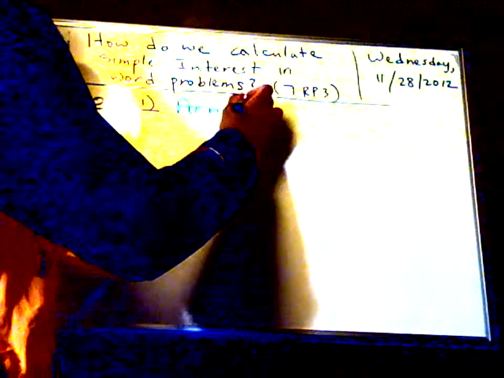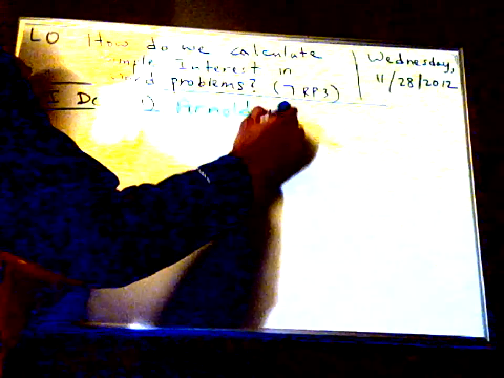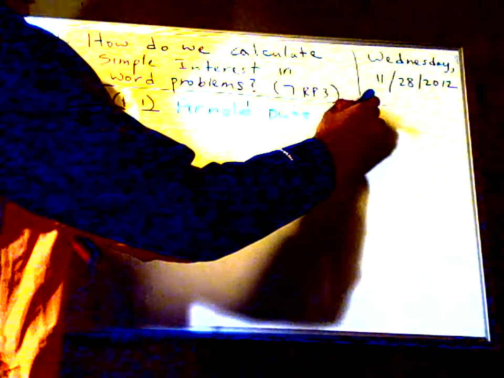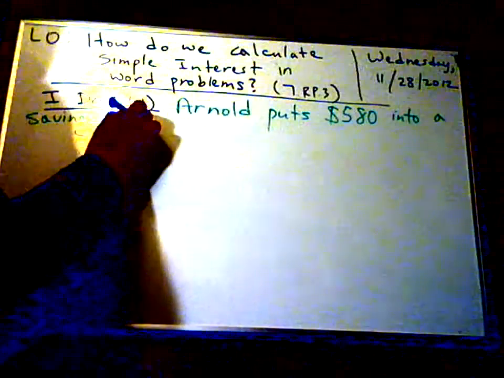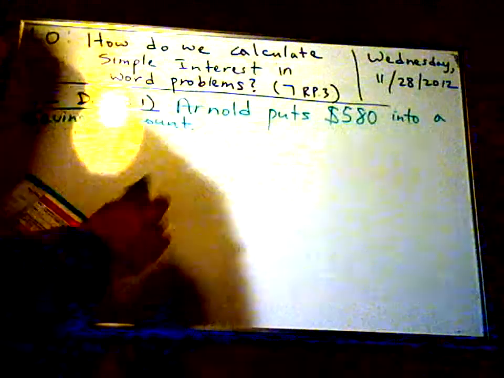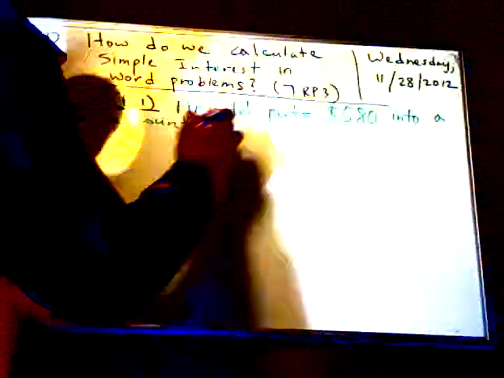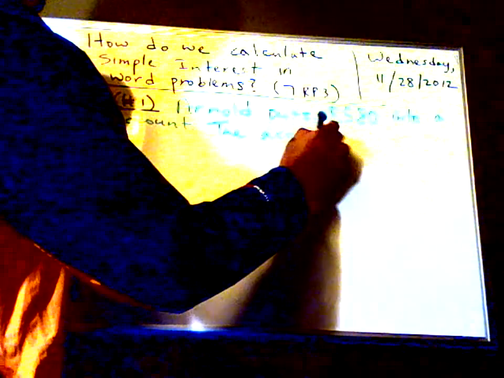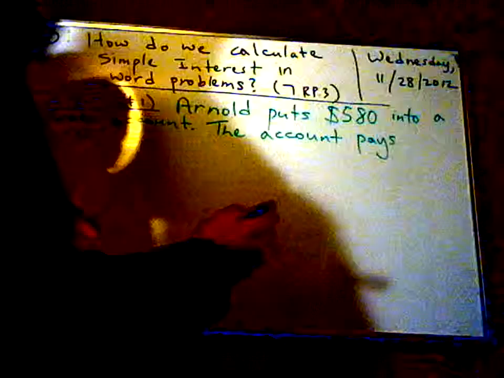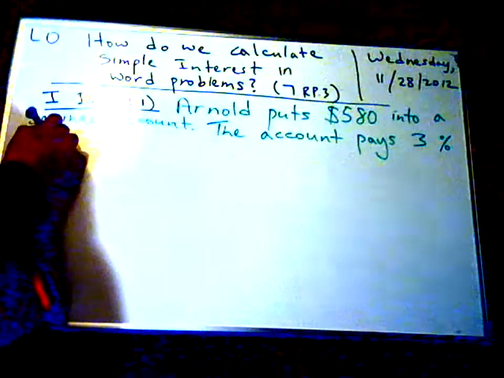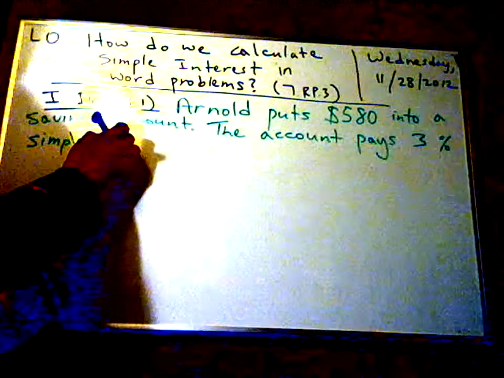Alright, so this is a problem. Arnold puts $580 into a savings account. The account pays 3% simple interest.